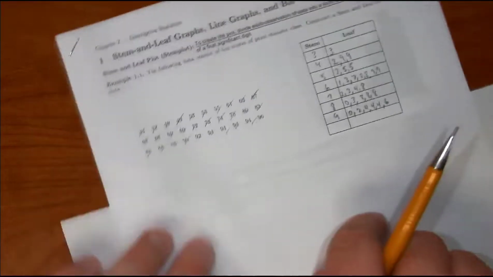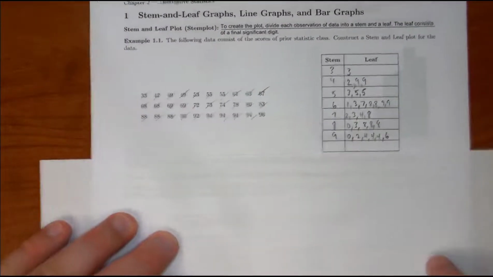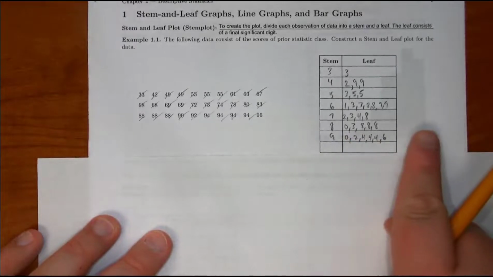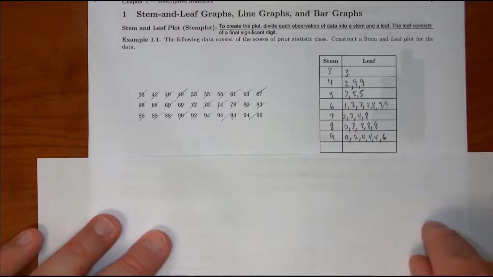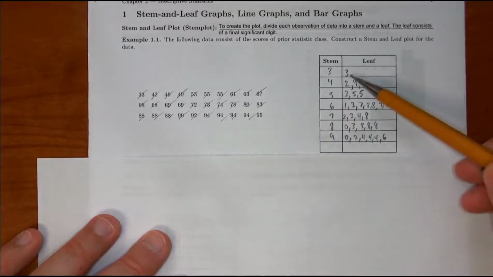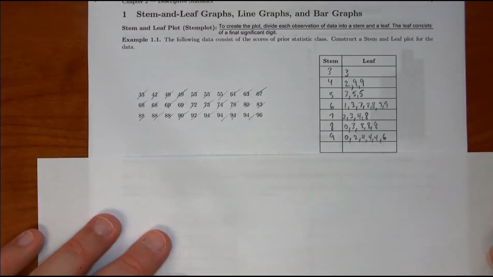So it's kind of like the same thing as a dot plot, except we're oriented horizontally. So where the longer list is, that's just where more of the data are. Where the list is shorter, that's where a lesser amount of data are. Okay, so that's a stem and leaf plot.